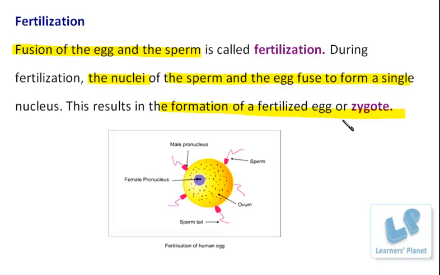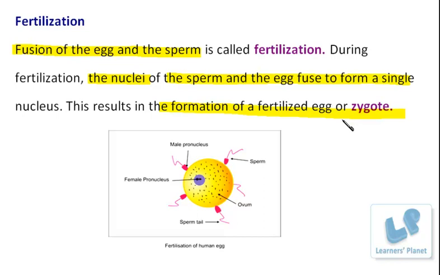Otherwise, if two cells just got fused, there should be double the content inside the zygote. Like there should be two nuclei, and the other organelles should be in double content. It is not like that.